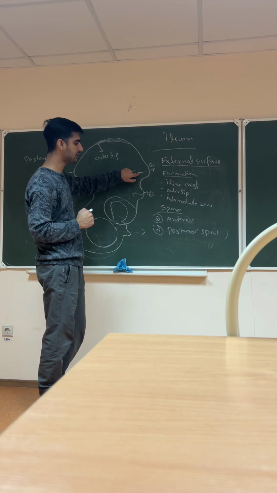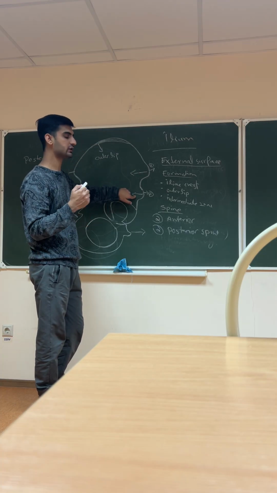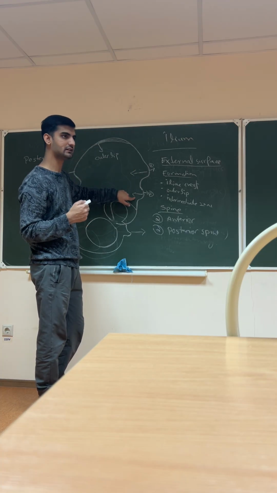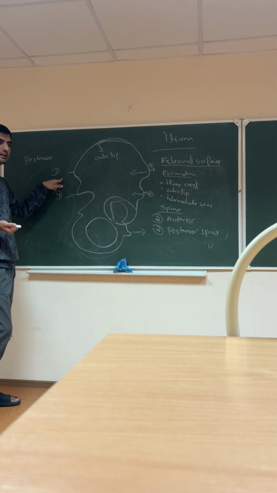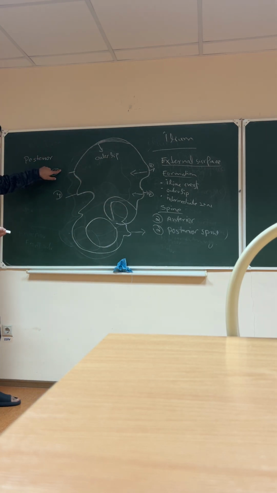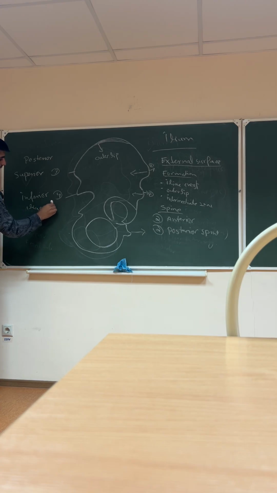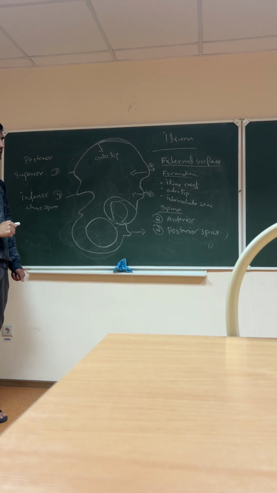Now here in the back side, posterior, we have the posterior superior iliac spine and posterior inferior iliac spine. Okay, this is the formation.